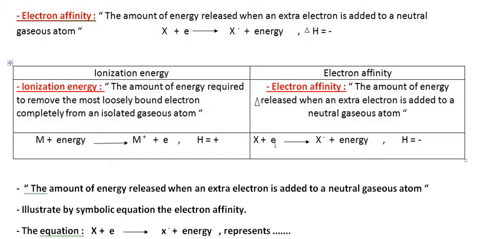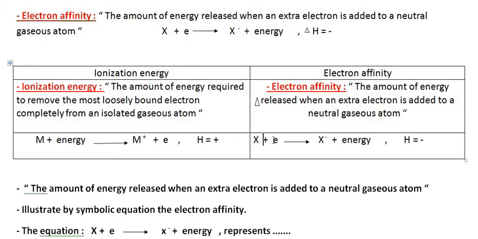But here this electron is not from inside the atom, it's from an external source of electrons, from another atom, not from the X atom. X atom is neutral, with positive protons and negative electrons equal in number.